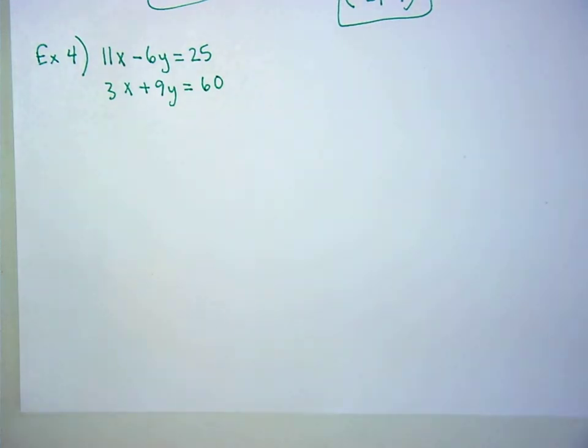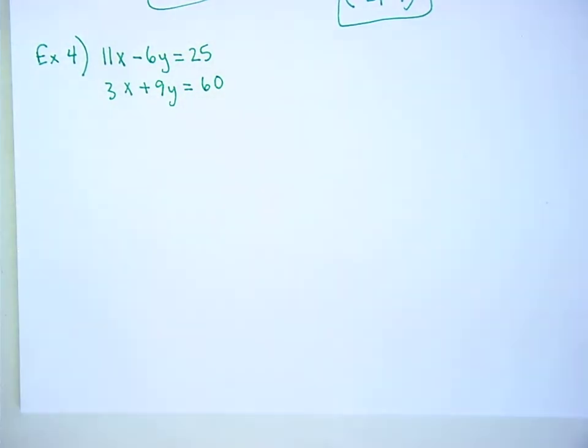Do you want to do x's? Get to 33. Multiply the top by 3. Or, I'll just multiply the top by negative 3. Yep. And then multiply the bottom by 11.